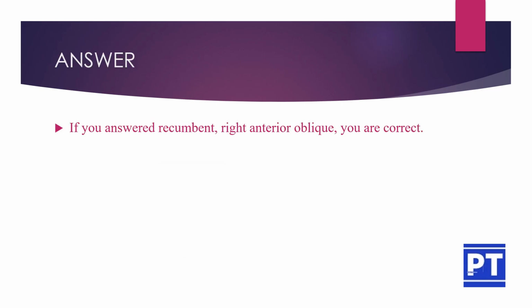So, if your answer is recumbent right anterior oblique, you are correct. In the first image, we have seen the patient is standing and the anterior aspect is in contact. While in the second image, the patient is in recumbent position and the patient's anterior aspect is in contact with the image receptor.